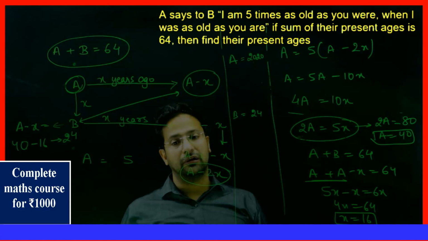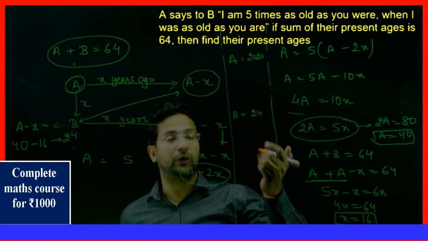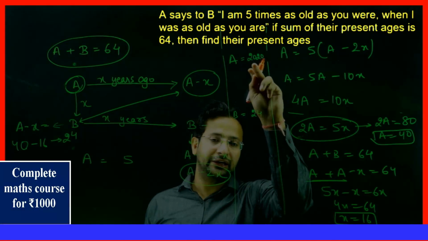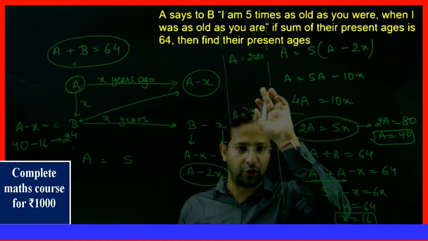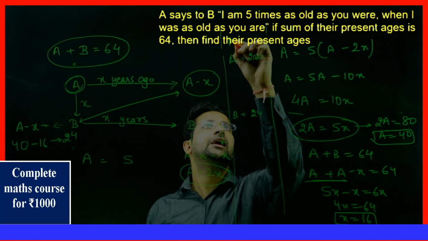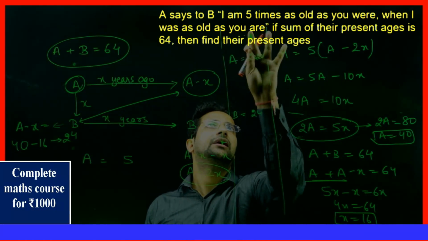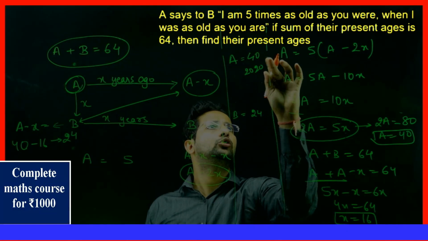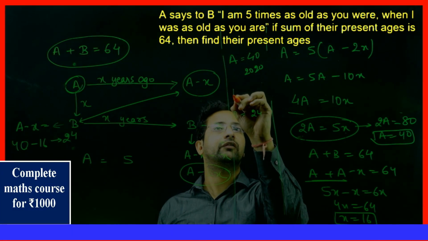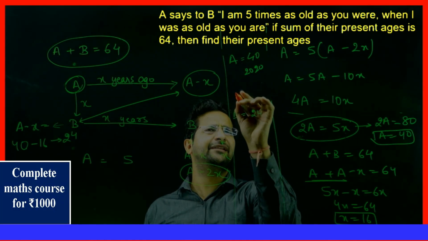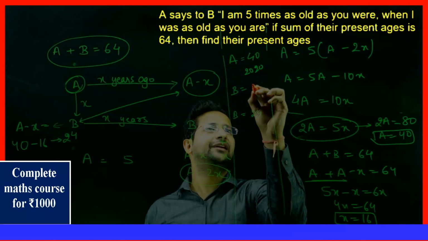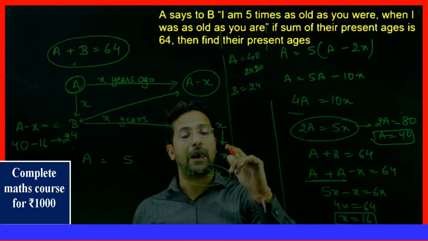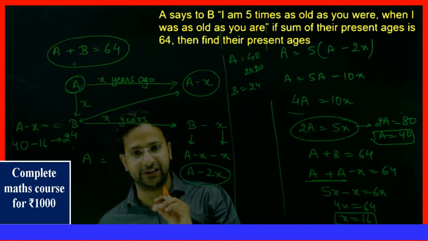I go to that time when I was 24. Right now in 2020 I am 40 years, so A is equal to 40 in 2020. In 2020 B's age is 24. I go back to that time when I was 24. That is 16 years ago.